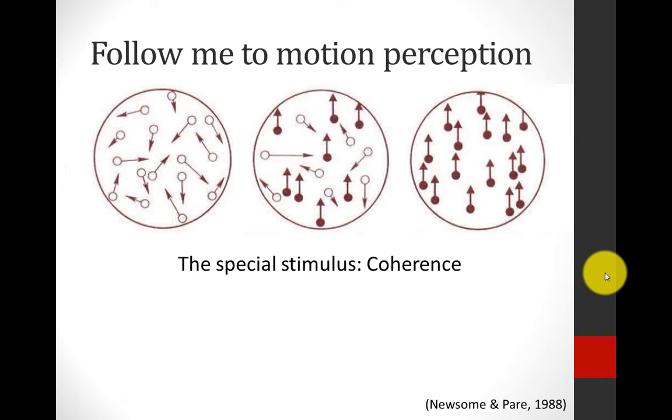On the left here, you see there's no coherence. The dots are just moving randomly, and there's no overlap in the direction that they're all moving. Here in the middle, you've got the 50% coherence. Half of them are moving in the same direction. And then the 100% coherence, where they are all moving in the same direction.